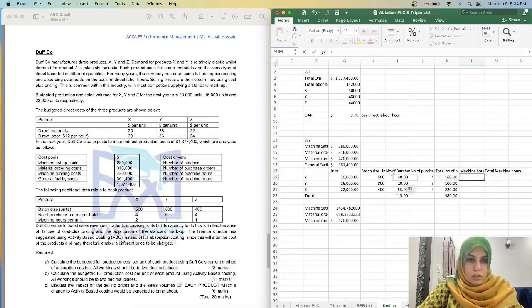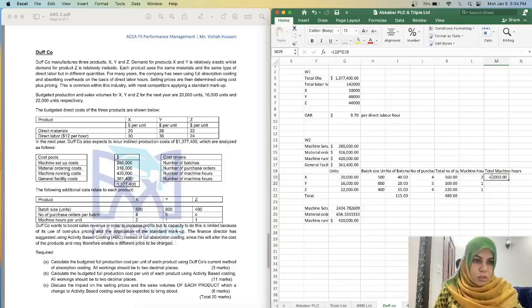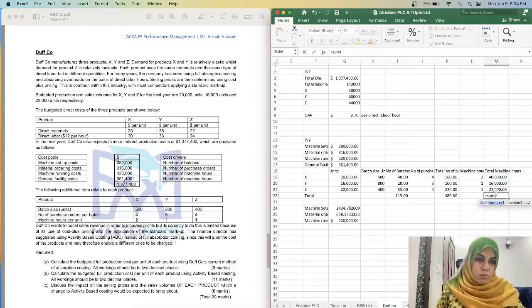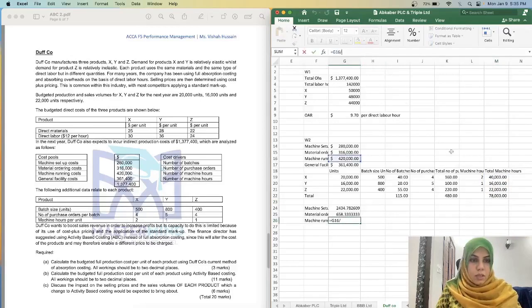How will you compute it? Machine hours per unit were given to you: 2, 1 and 1. Simply multiply that by the number of units. Do the same for others. Okay, compute the sum. So, and then divide it by the sum.